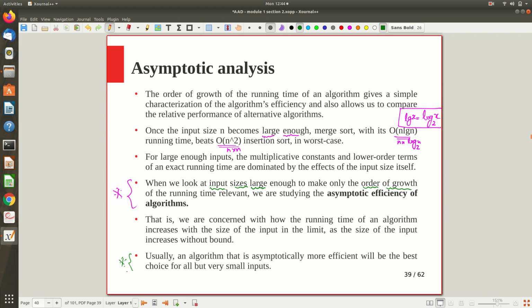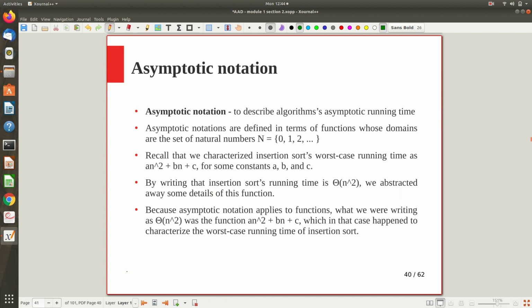If your application has only smaller inputs, you can just do the step count analysis, which is enough, and accordingly compare which is better. It's not a big deal. But when it comes to larger input sizes, asymptotic analysis definitely matters a lot, and it gives a very simple analysis technique.